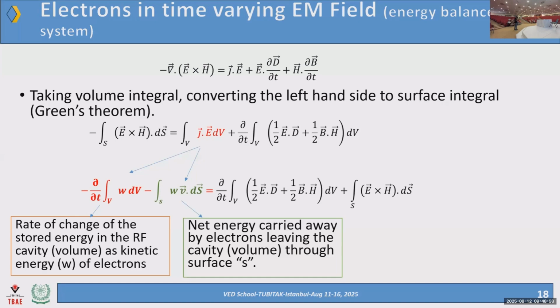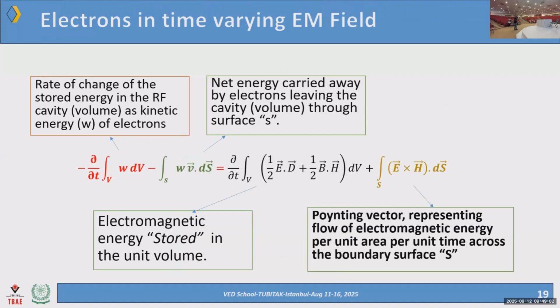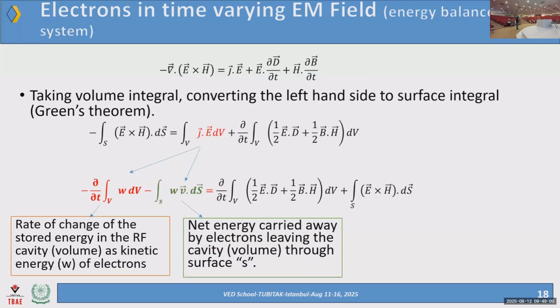Let's give it another dissection. The charges have basically a net energy gain. For example, the particles are moving in and out, and this term is basically the net energy change due to the velocity.